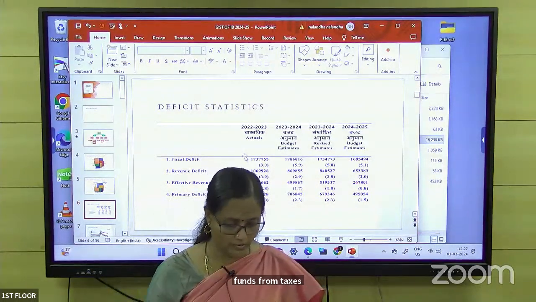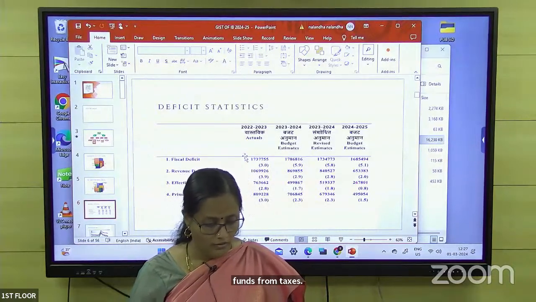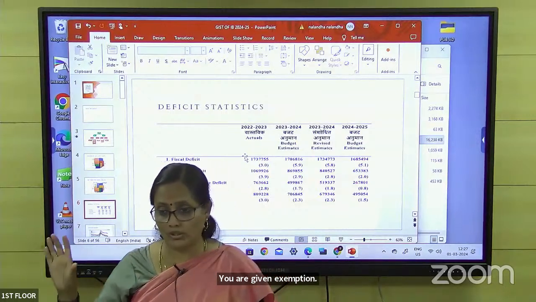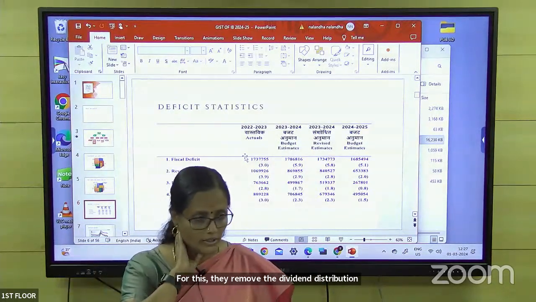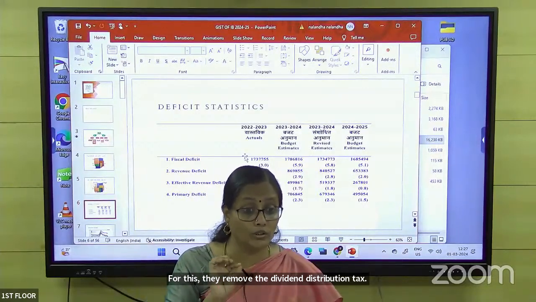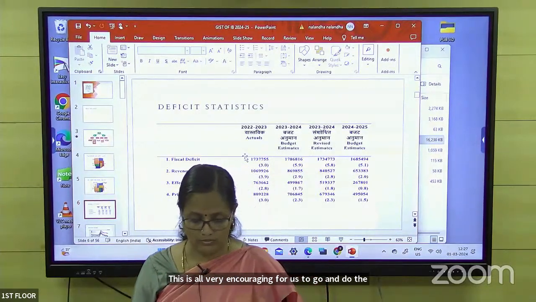They were given exemption. Fourth, they removed the dividend distribution tax. This is all very encouraging for us to go and do stock market investments.